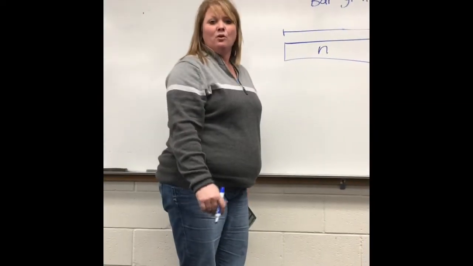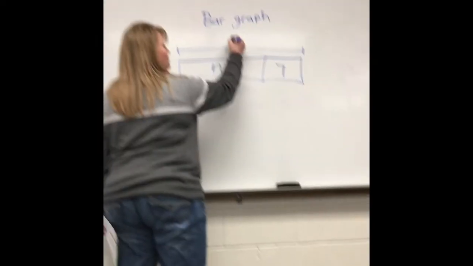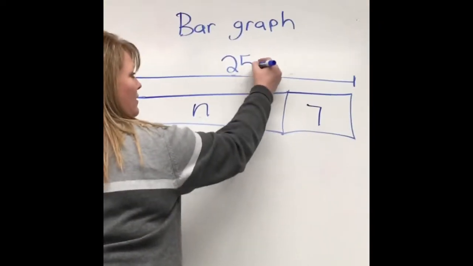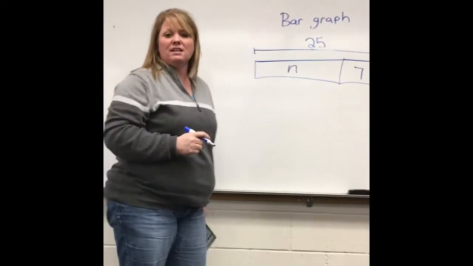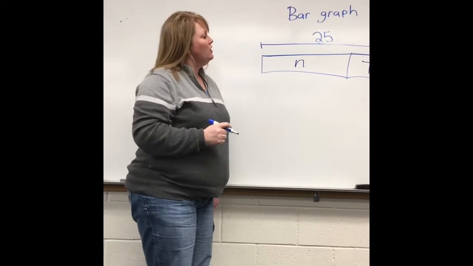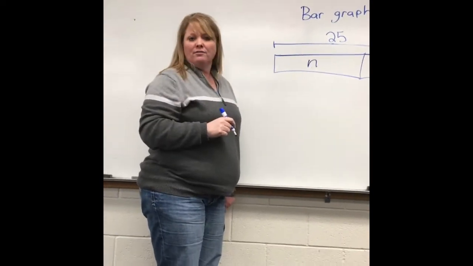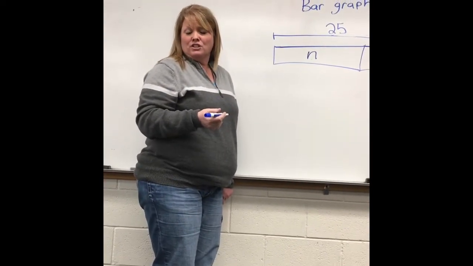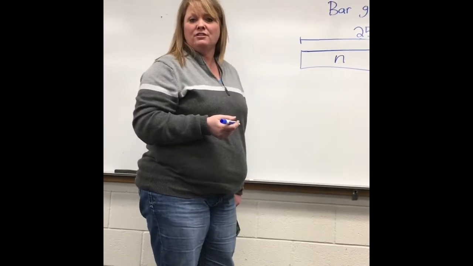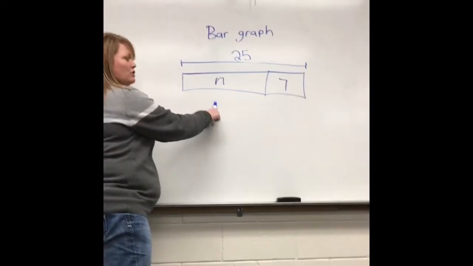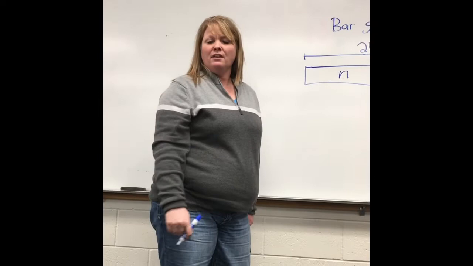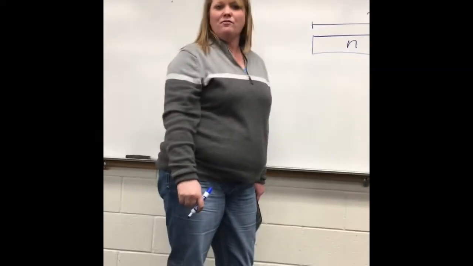And then we know he had a total of 25 figures altogether. Using our bar graph, solve the equation, how many figures did George have to start with? Pause the video and solve the problem.